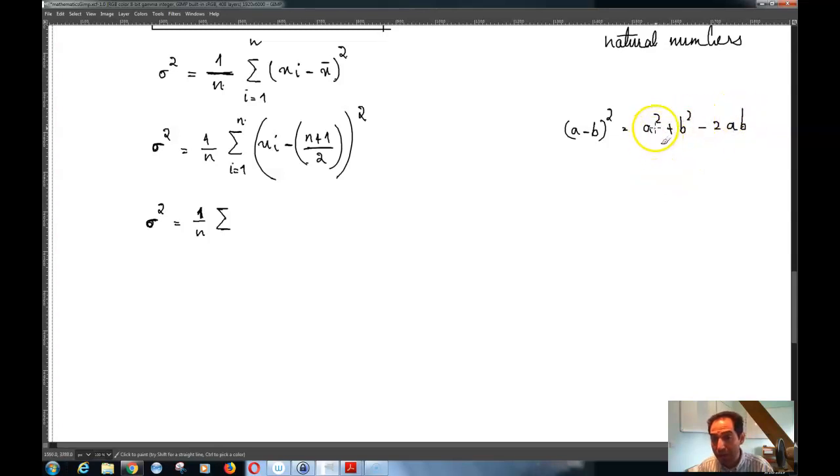So you can write that as sigma of, for example, a squared would be x of i squared, b squared would be (n plus 1) whole squared divided by 4, and negative 2 times a times b would be negative 2 times x of i times (n plus 1) divided by 2, and these two you can cancel out.